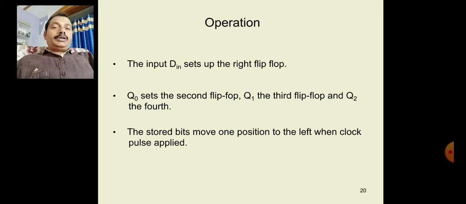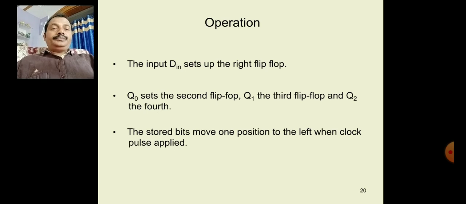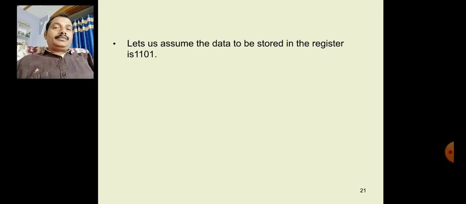The input D in sets up the first flip-flop, and Q0 sets the second flip-flop, Q1 the third flip-flop, and Q2 the fourth flip-flop. The stored bits move one position to the left when a clock pulse is applied.